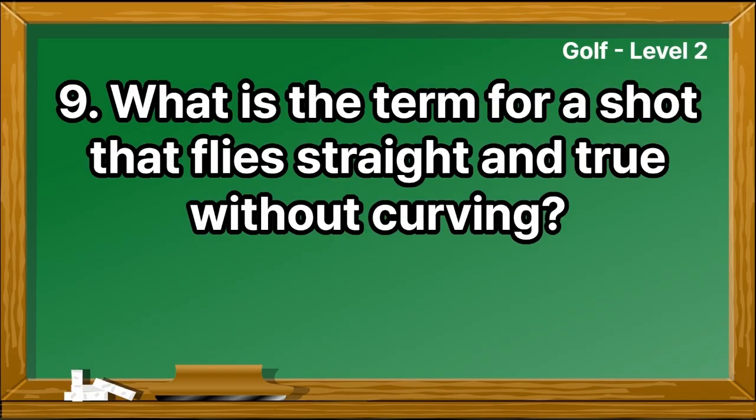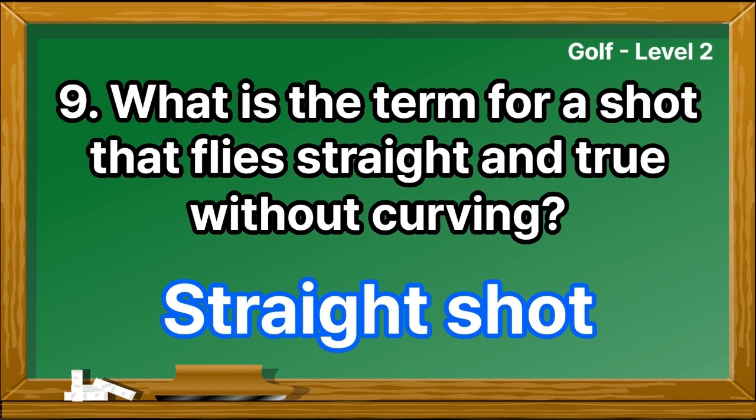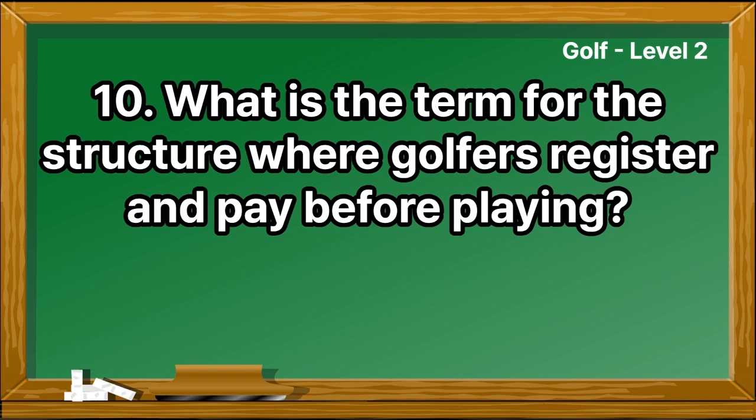What is the term for a shot that flies straight and true without curving? Straight shot. What is the term for the structure where golfers register and pay before playing?